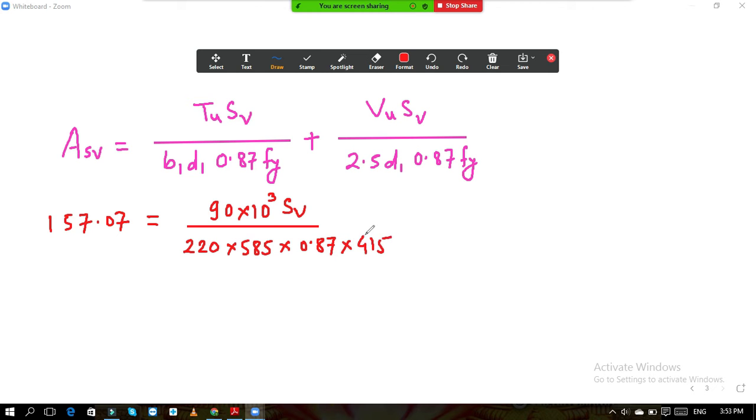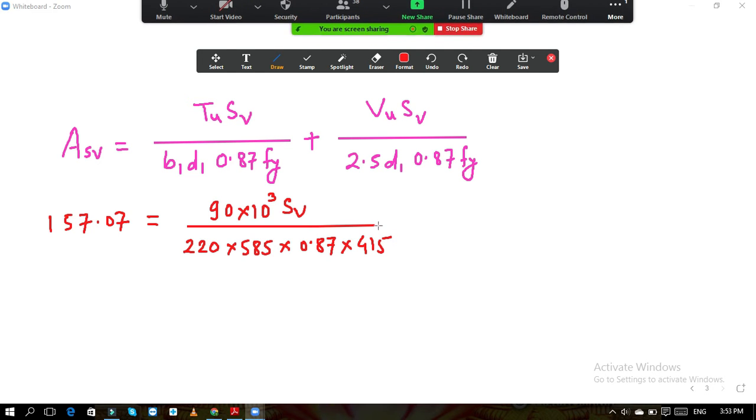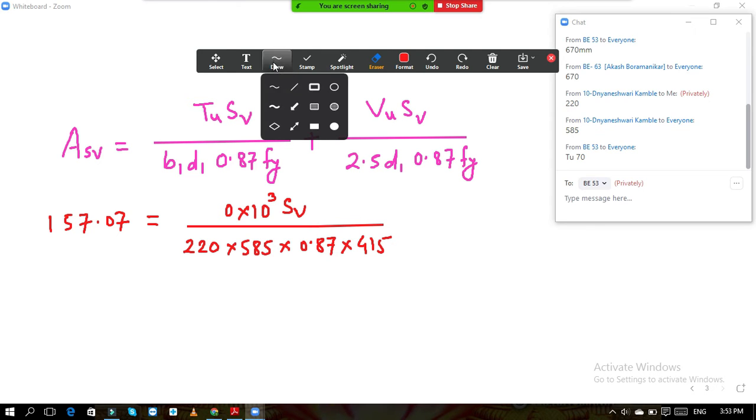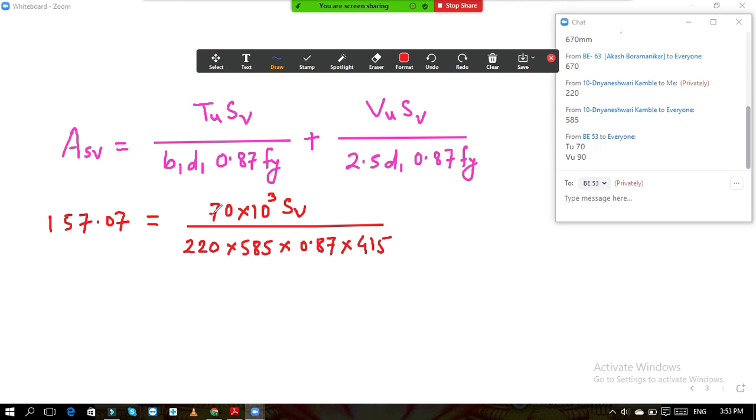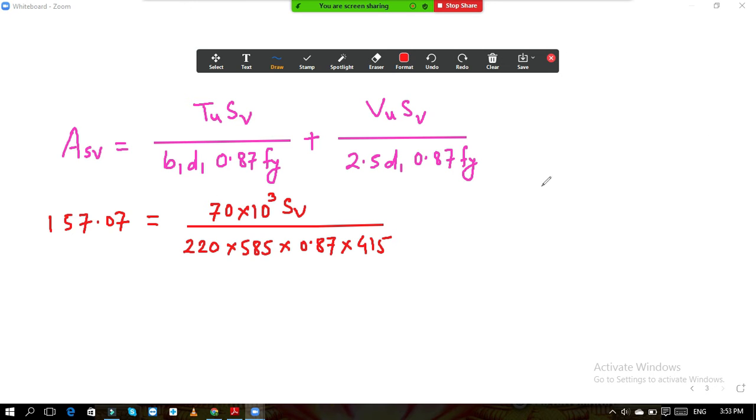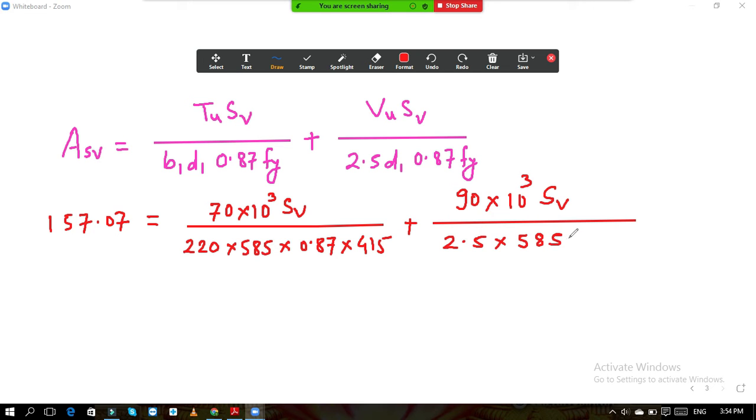Now plus VU is 90 into 10 raised to 3 into SV, whole divided by 2.5 into 585 into 0.87 into 415.